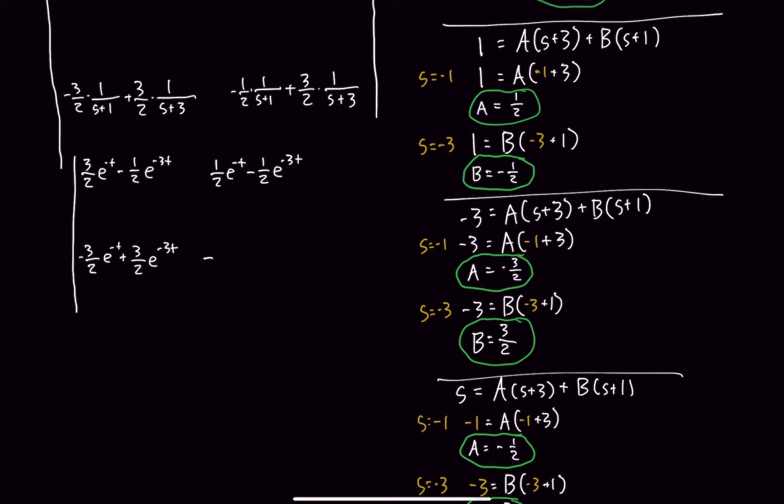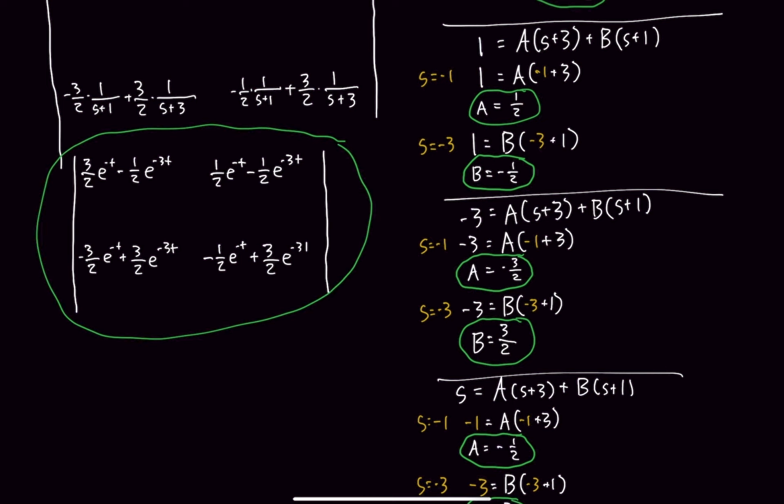And this is going to turn into negative 1/2 e to the minus t plus 3 over 2 e to the minus 3t. This right here is our state transition matrix of t.